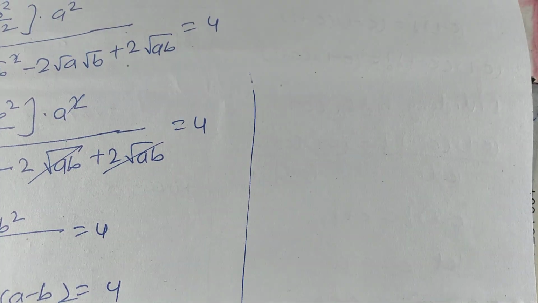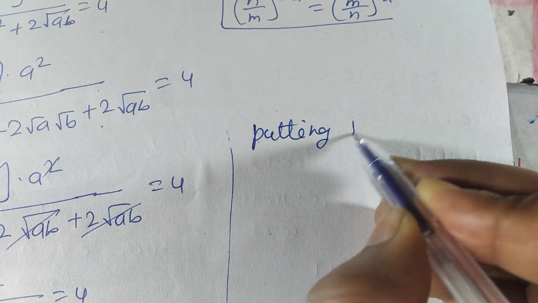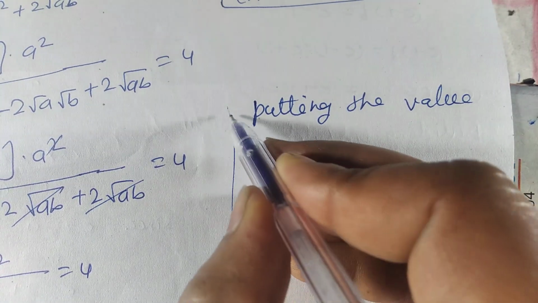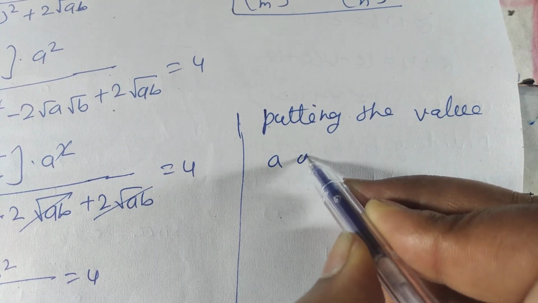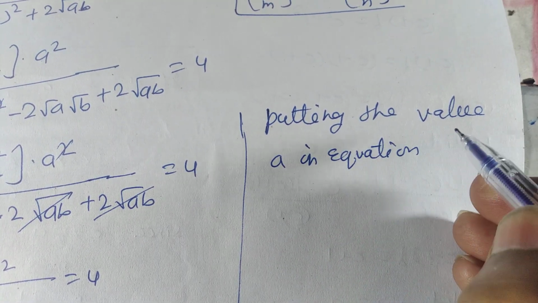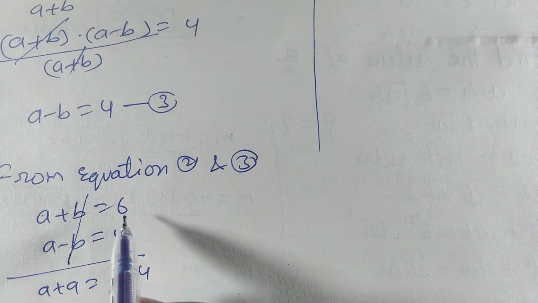Now putting the value of a in equation 2. Equation number 2 is a + b = 6.